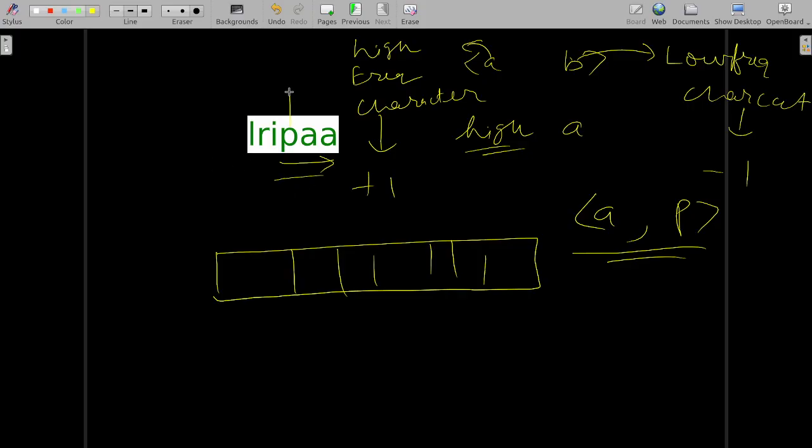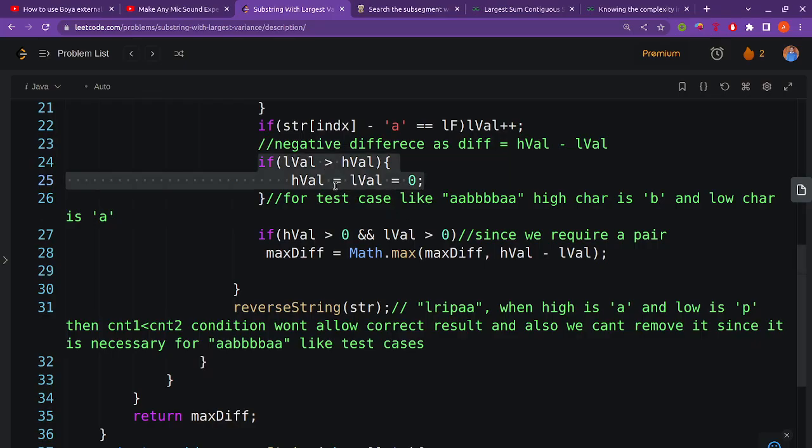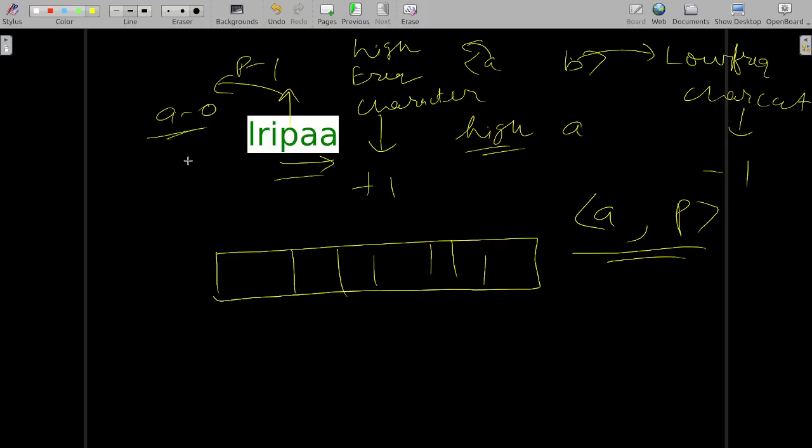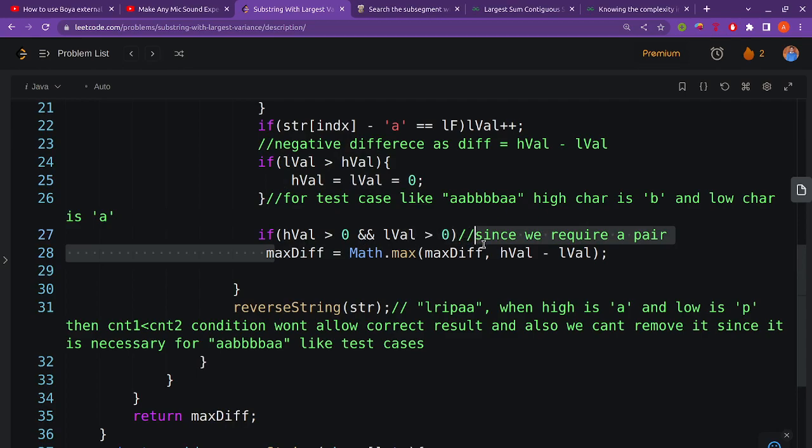For example, here P's frequency is 1 and A's frequency is 0. So this will make both frequencies of the higher and lower characters 0, P's frequency will be 0 and A's frequency will be 0. And again, only the higher frequency character will have a frequency greater than 0 and P would have a frequency equal to 0, and in this case the variance would not be considered.